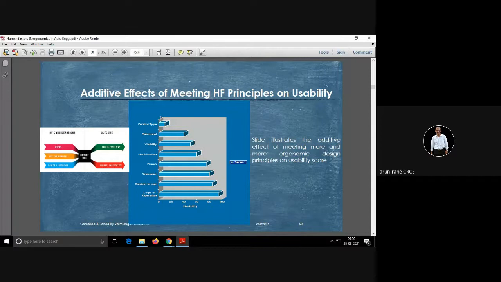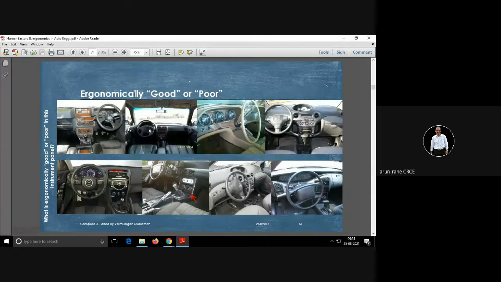Some slides you can skip. Now, ergonomically good or poor designs. These are some examples. This is for the instrument panel, or we call it the dashboard in the case of automobiles.